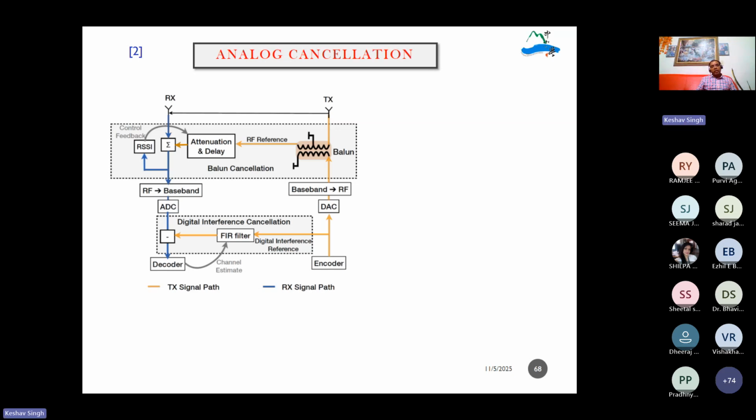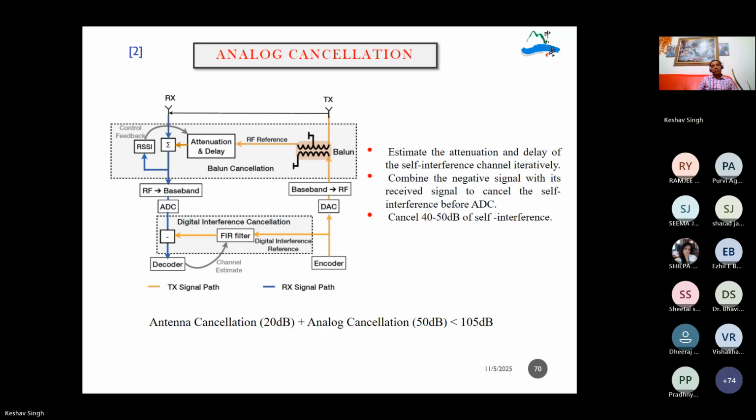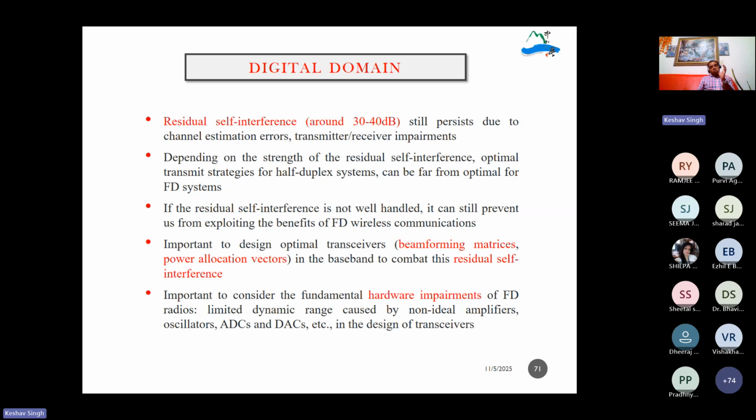So again, it will require some memory to store the transmitted signal. This also has some disadvantage, but nowadays we don't have a memory problem. We can store, and then after decoding, we can just update the memory. So now up to, let's say, 70 dB we can cancel in the analog or antenna cancellation domain.